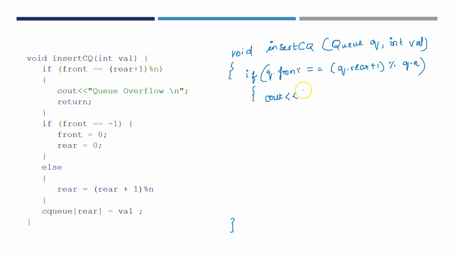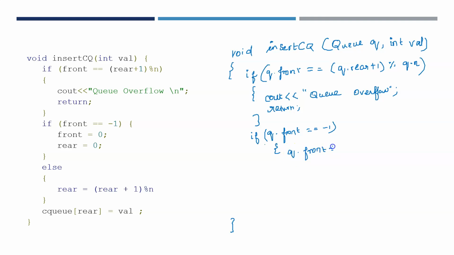Of queue, return. Then if front equals minus 1, then q front equals 0 and q rear equals 0.